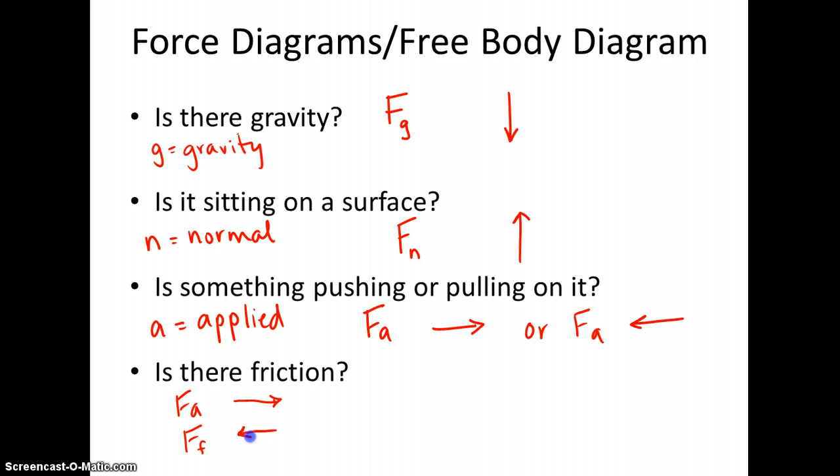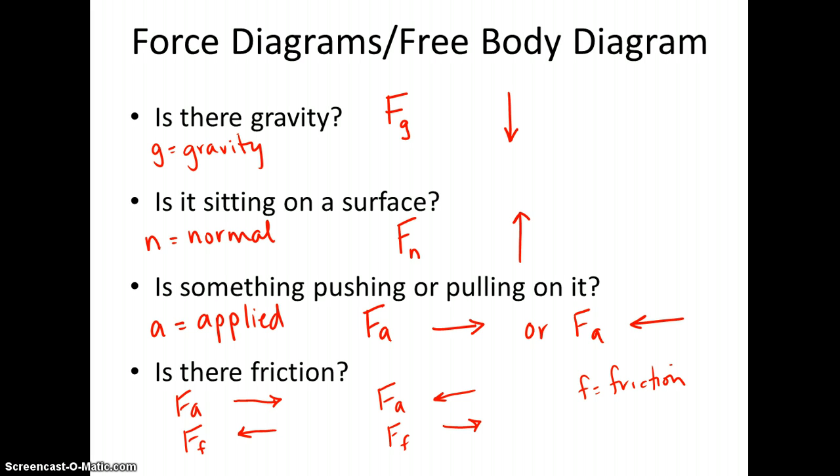That is your friction force. So Ff stands for friction. Okay? If you have an applied force that moves in this direction, and it's on a surface, then the friction force is opposite that. So those are essentially the arrows and what they stand for.